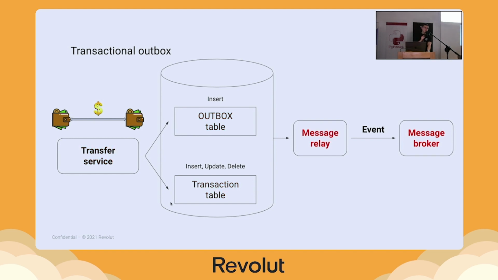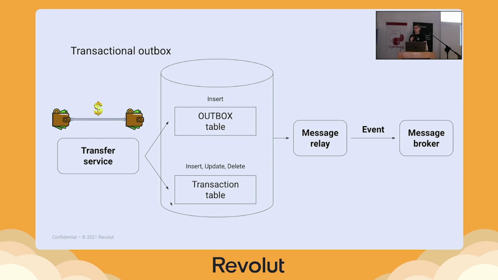Then, a separate message relay process publishes all the events inserted in outbox table to a remote message broker. It actually helps us to decouple service logic from knowing of how to proceed further with distributed transaction.